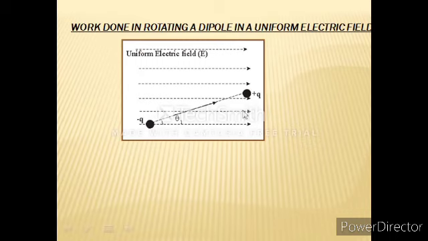Now here, this is the initial configuration where the dipole moment vector makes angle θ1. So here the energy is initially minus PE cos θ1. Now suppose this is rotated this way, so that the dipole finally forms angle θ2 with the field. It's rotated so that the angle between the electric field and the dipole moment becomes θ2.